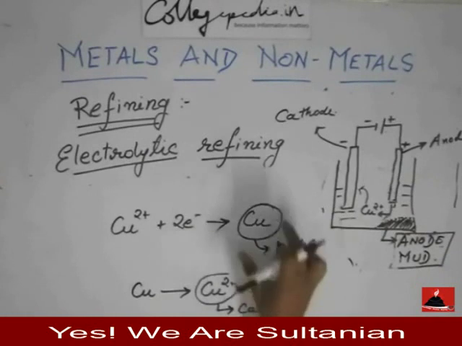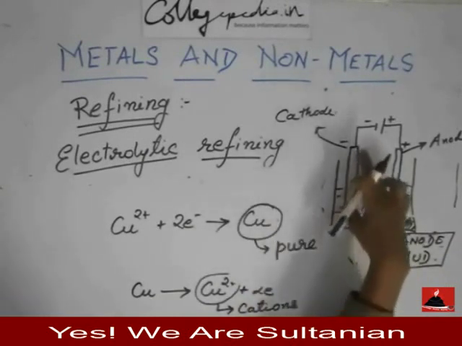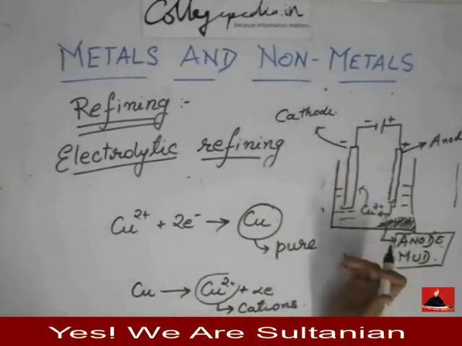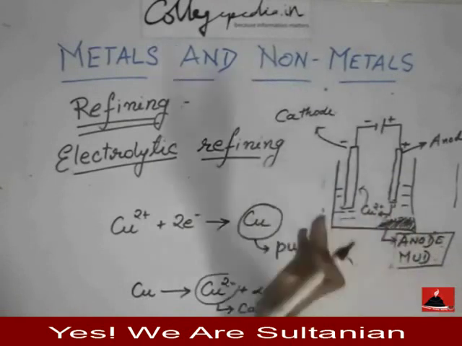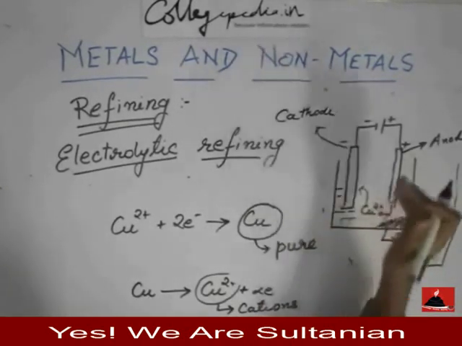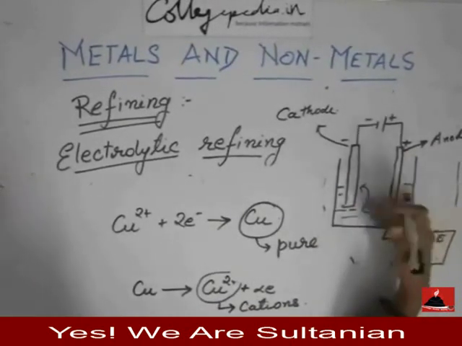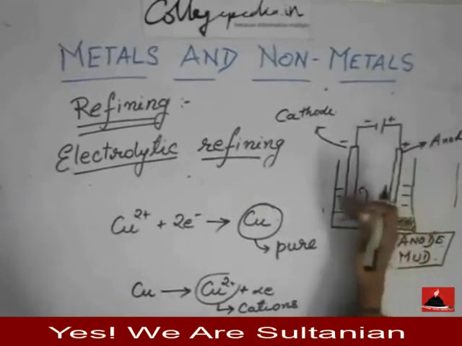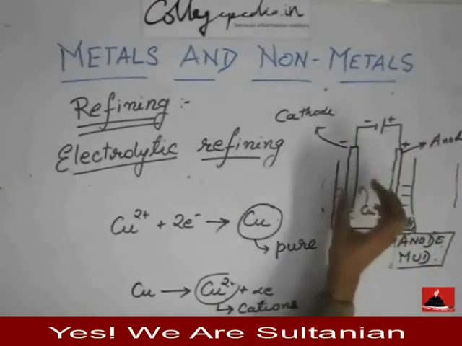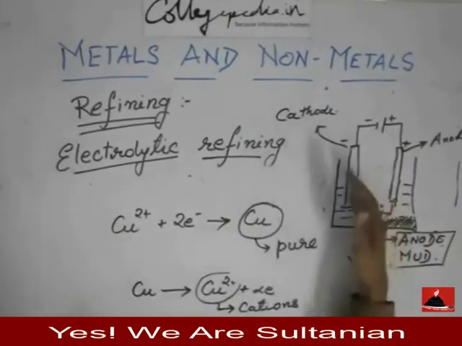So what remains is just the pure metal which gets deposited on this cathode, and the cathode is already a thin strip of the pure metal, so the pure metal gets more and more deposited and the anode just goes away. Not corrodes away, it is taken into the solution. Basically this gets deposited on this. So we obtain pure copper from the impure copper.